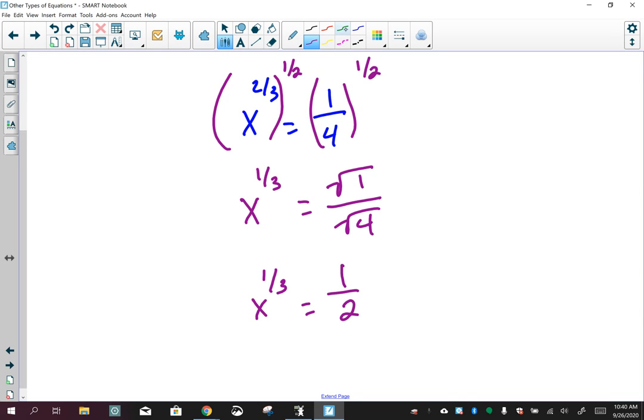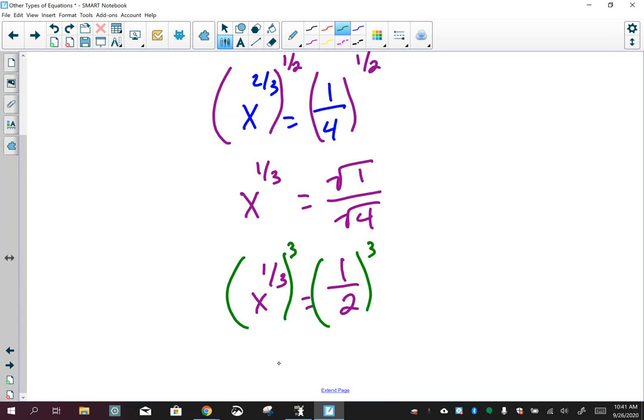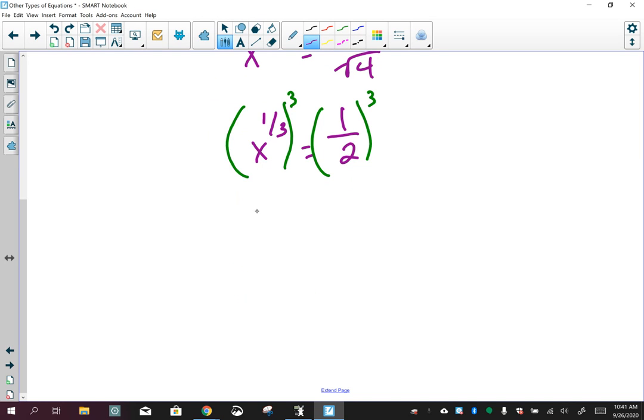Now I want to get rid of my third root, so I'm going to raise both sides to that power. And when I do that, I wind up with x is equal to 1 cubed is 1, 2 cubed is 8.